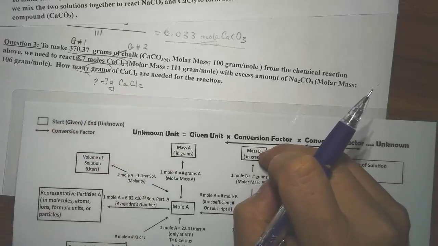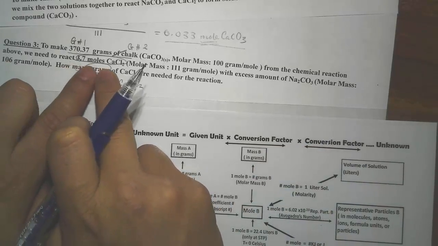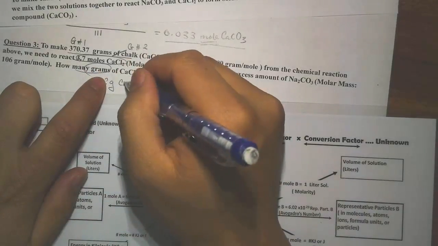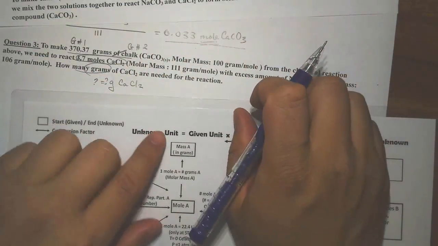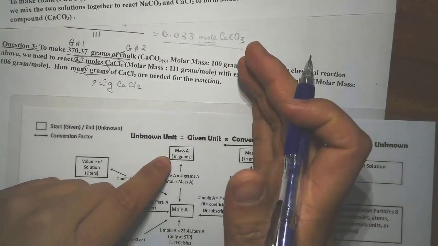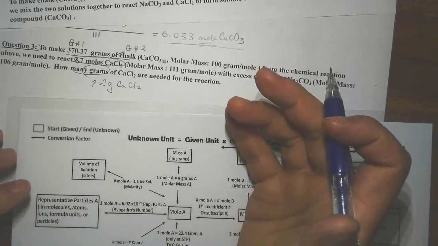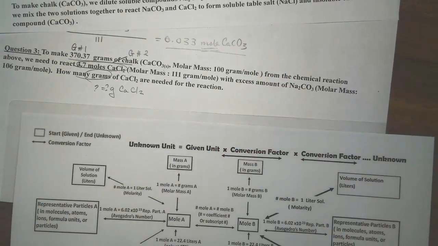But we can use the second given right here, which just happened to be 3.7 moles of calcium chloride. Notice how they are the same chemical, right? So we can just focus on side A. So we have moles going to grams of A. Which is easier? Of course this one's easier. So don't get tricked by the problem. They both give you the right answer. It doesn't matter.